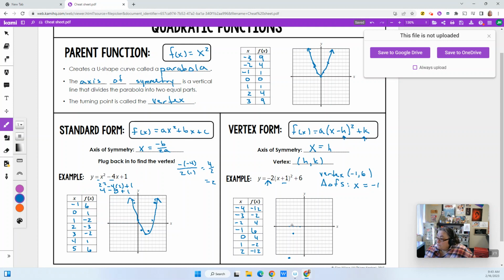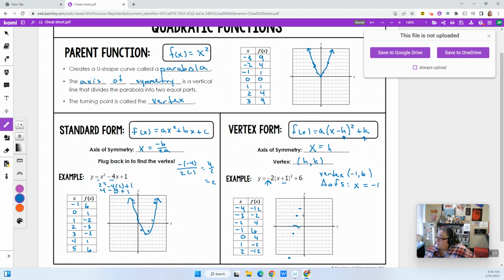At negative 2, we're going to have a point up at 1, 2, 3, 4. At negative 1, we're going to have a point up at 6.